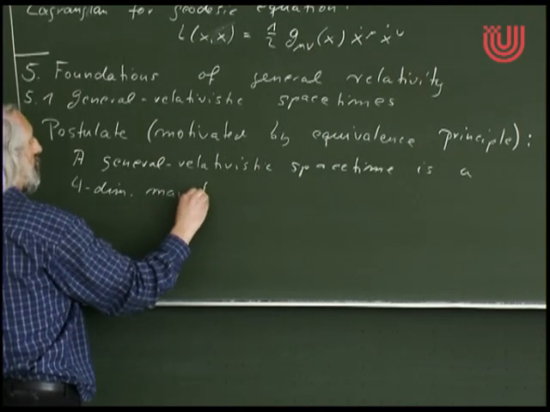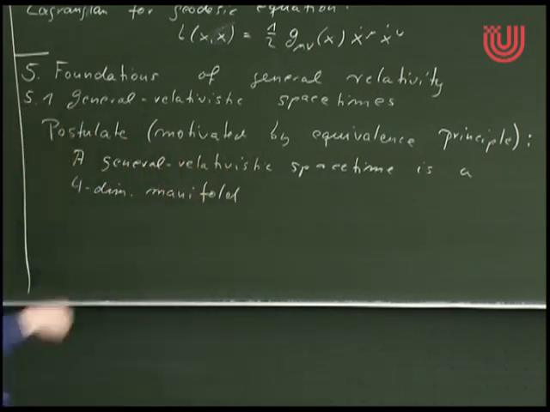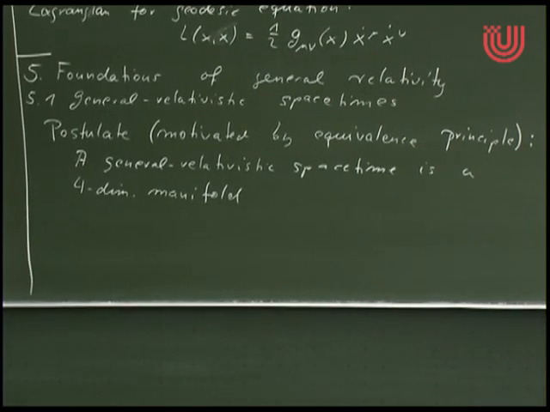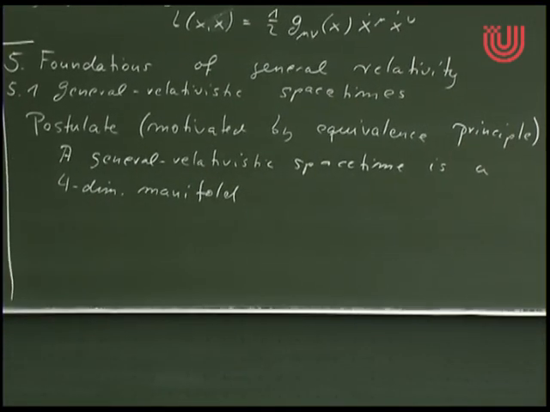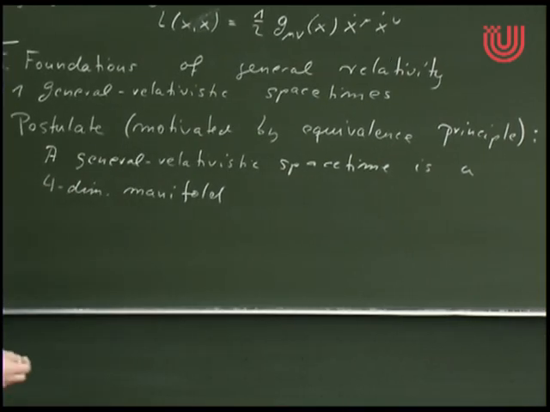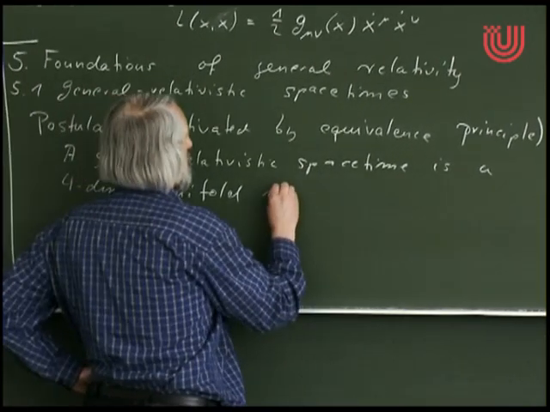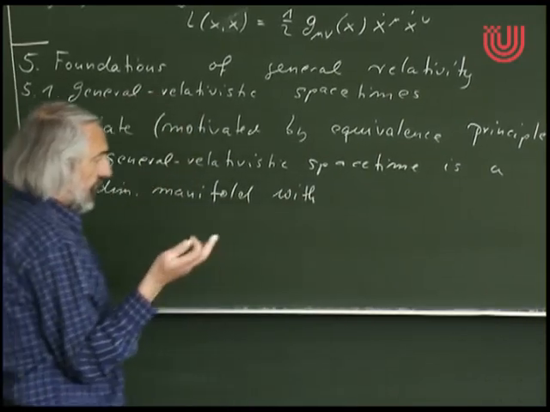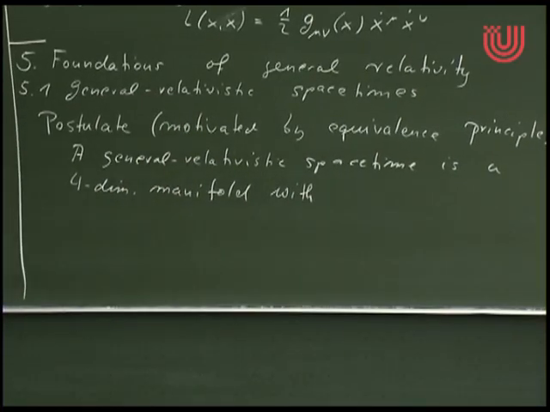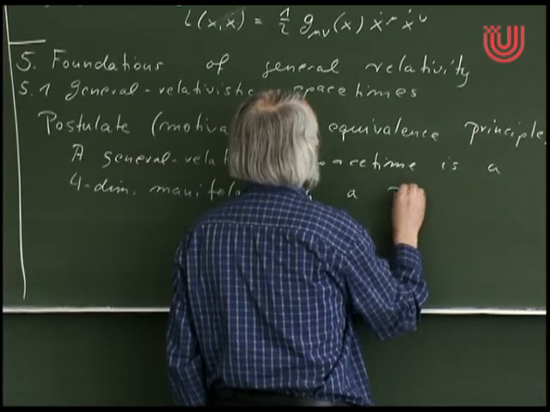Of course, we need 4 coordinates in order to characterize an event. Usually we use 3 spatial and 1 temporal coordinate. So altogether we need 4. So we want to have a 4-dimensional manifold. And because we want to have on the tangent space a structure of special relativity, we need a pseudo-Riemannian metric.